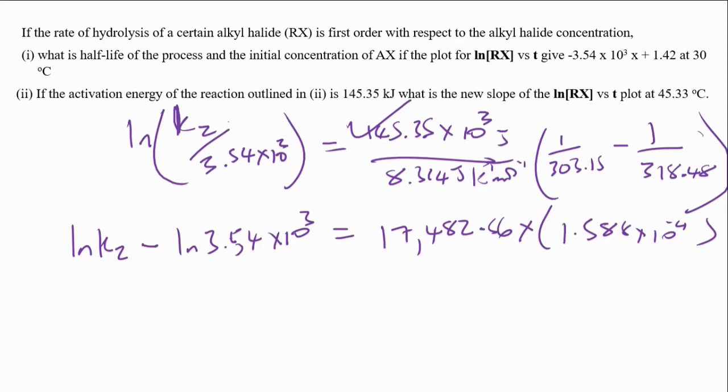So we're doing it in steps so we don't get mixed up. It's a good idea to do it in steps instead of trying to plug everything into the calculator at once. That can cause some problems. See what I have here. And now all I have to do is ln K2.